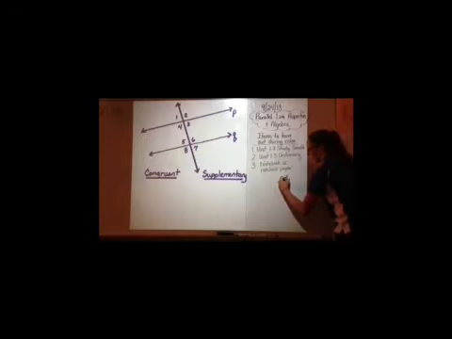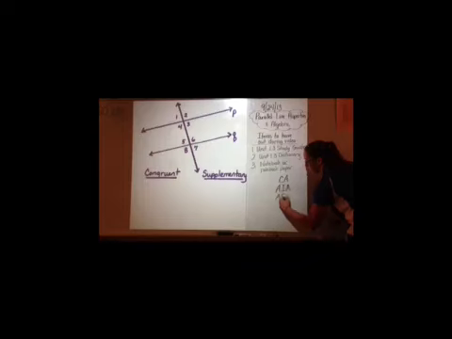Alright, welcome back. First off, today in class, we focused on some specific angle pairs that can be found on parallel lines. Those angle pairs were corresponding angles, alternate interior angles, alternate exterior angles, and the final two, same side interior and same side exterior.